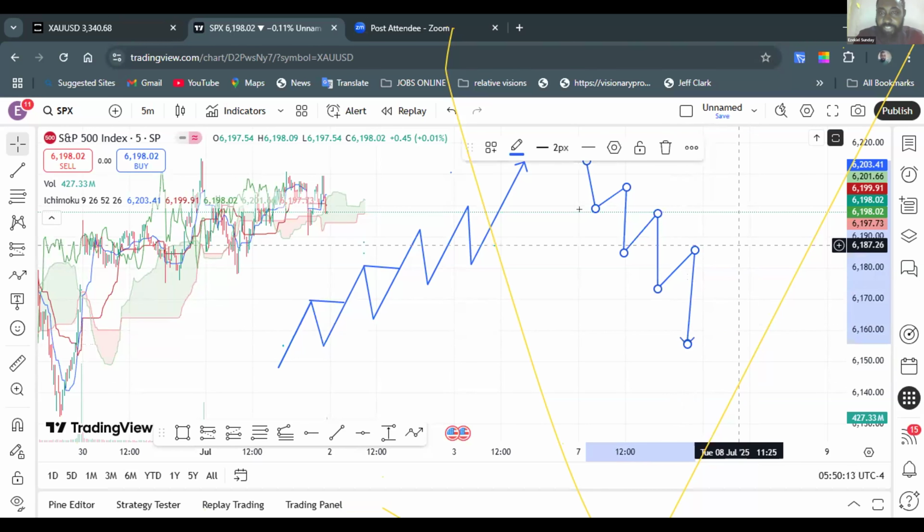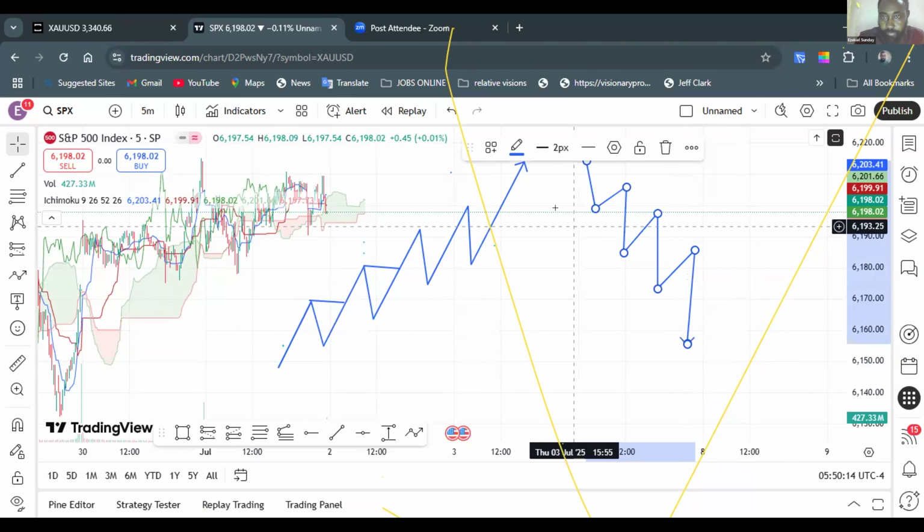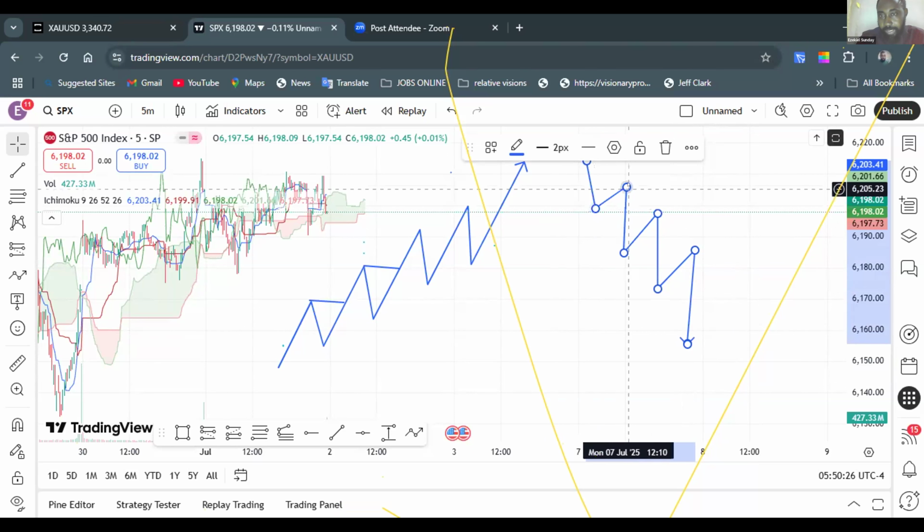Once the market gives you these lower lows and lower highs, you know the market. This is your high, this is your low. This is your lower high, while this is your lower low. This is your lower high, this is your lower low, this is your lower high, this is your lower low.